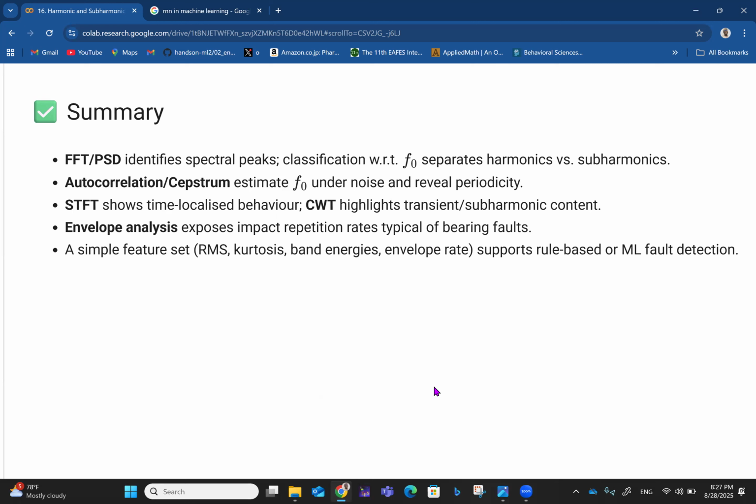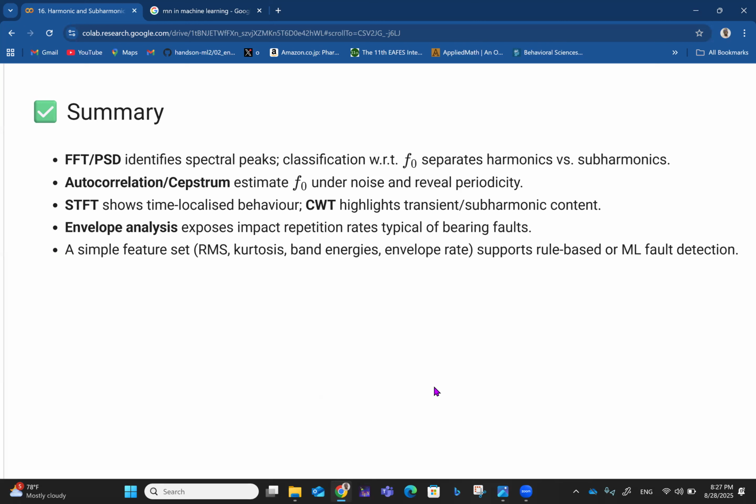We have autocorrelation and spectral methods, which estimate F naught under noise and reveal periodicity. You want to cut through the noise to find the fundamental frequency in a noisy signal. Then you have the short-time Fourier transform, which shows time-localized behavior, and the CWT, a wavelet method, which highlights transient and subharmonic content.